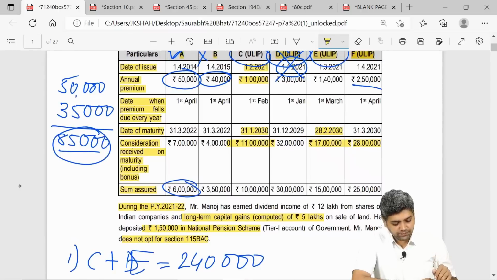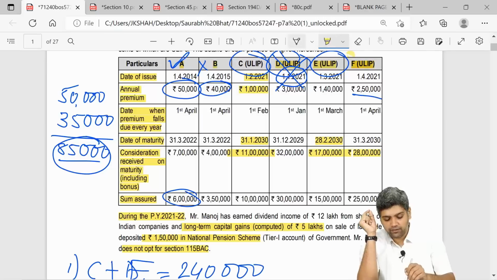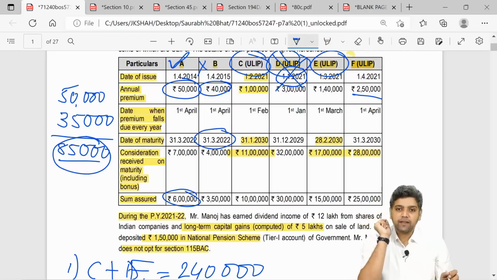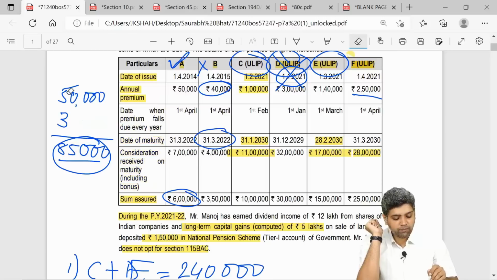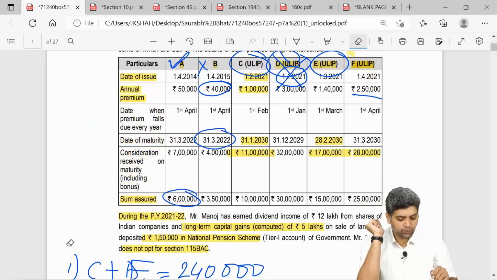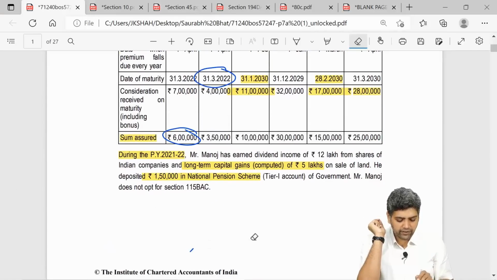In the question, I already know that policy B, for Bombay, is maturing during the current year. Therefore for policy number B, whatever maturity proceeds I get minus whatever premium I have already paid, that would be taxable in the hands of the assessee. Sir, why is it taxable?